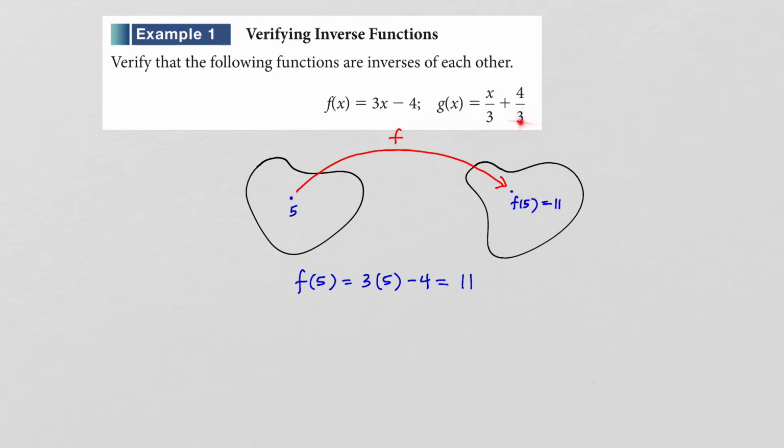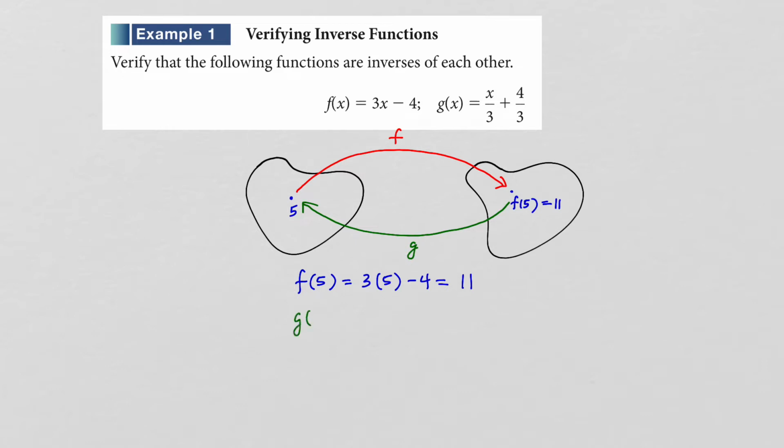Now, if the function g is actually the inverse, then what it should do is it should take the number over here, which is 11, and it should send it back to the number 5. So in other words, if g is the inverse, it should do this. Let's see if that happens.